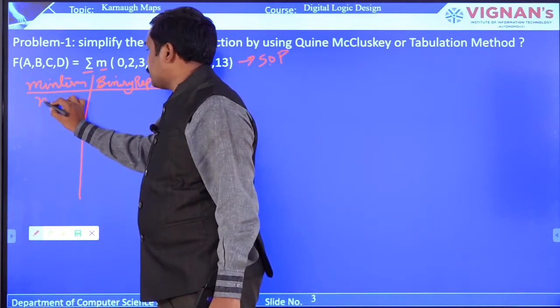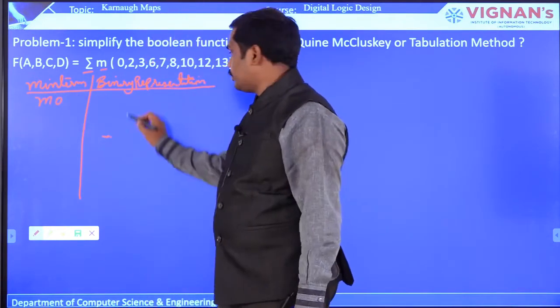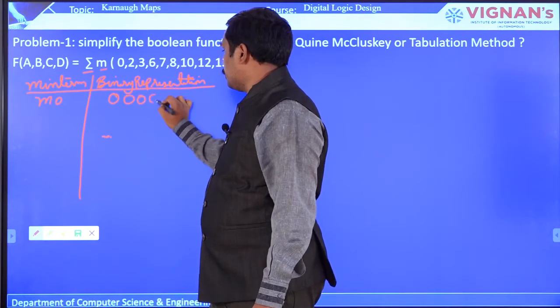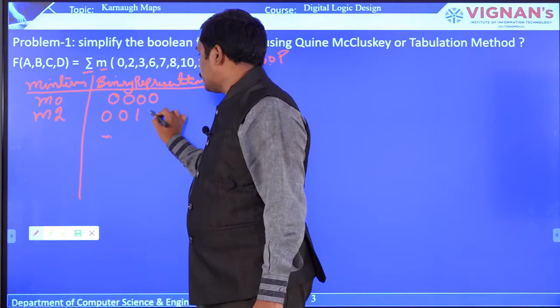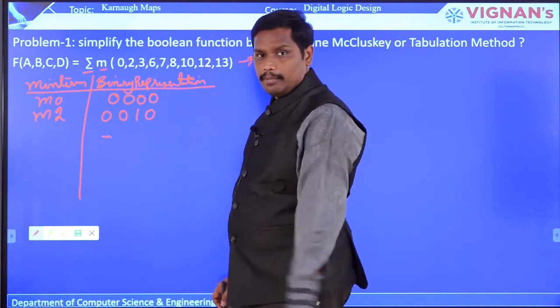So that is M0. The binary representation of 0 is 0, 0, 0, 0, and then M2, which is 0, 0, 1, 0. These are the binary representations of the particular min terms.